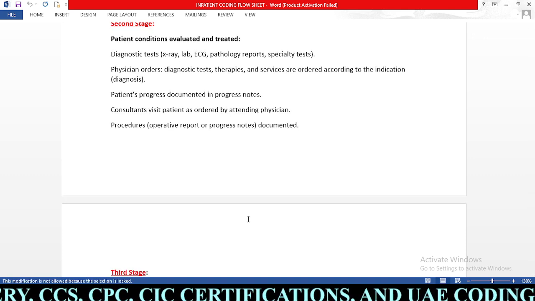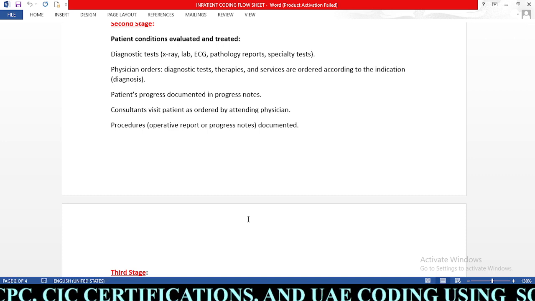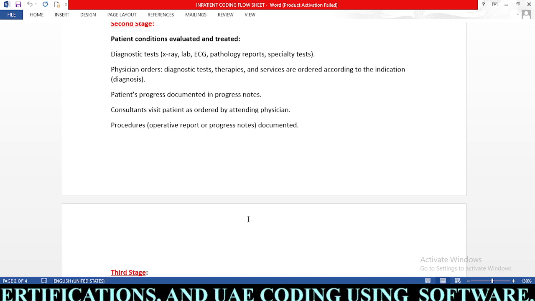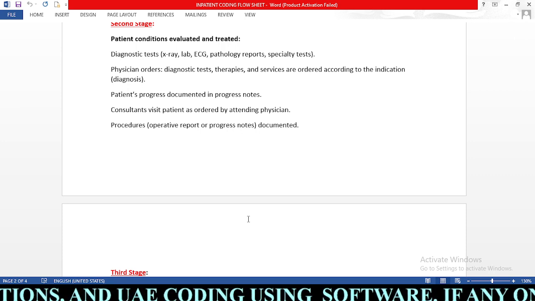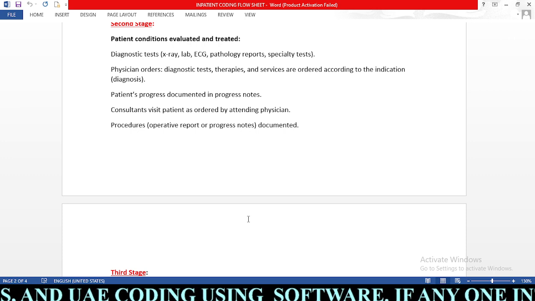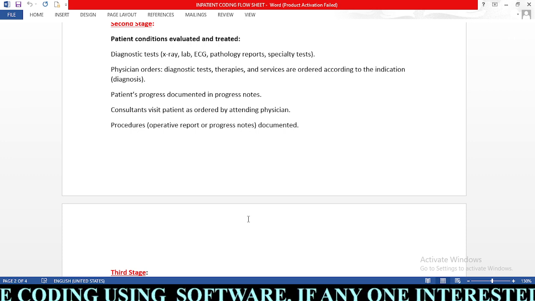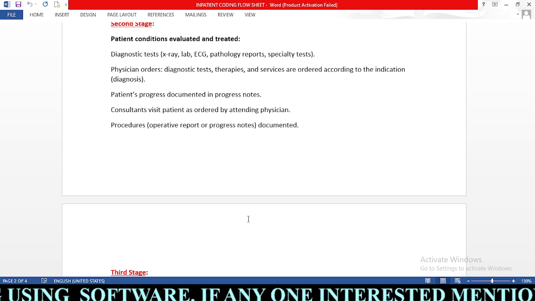And if the situation requires, the physician will provide orders including but not limited to diagnostic tests, therapies and services, ordered according to the indication or diagnosis. So based on the diagnosis or indication, the physician may order other elaborative tests.